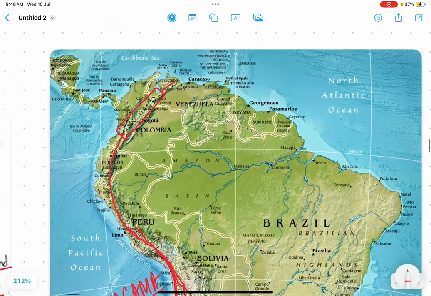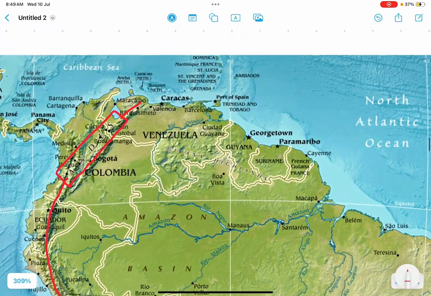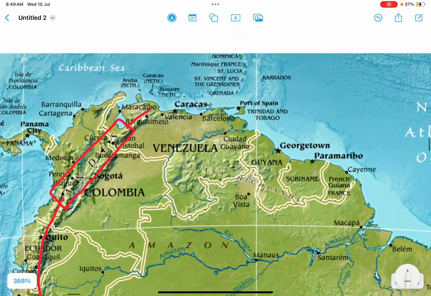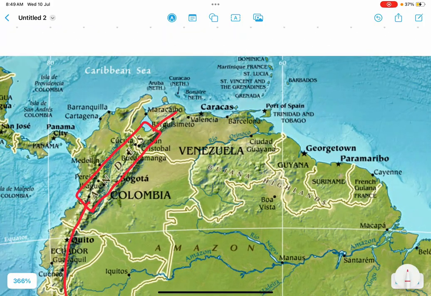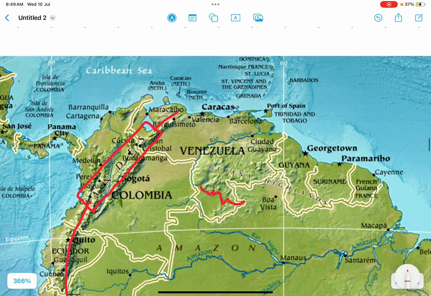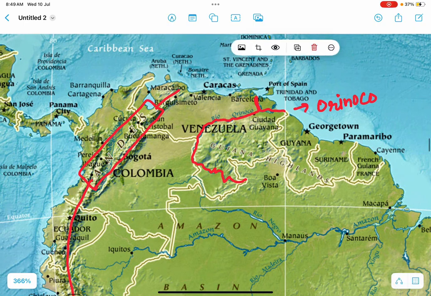Let's go to the top again. If we zoom in a little bit, you can see that there is a river that is flowing like this. So it is Orinoco, right. And this region is highland region.